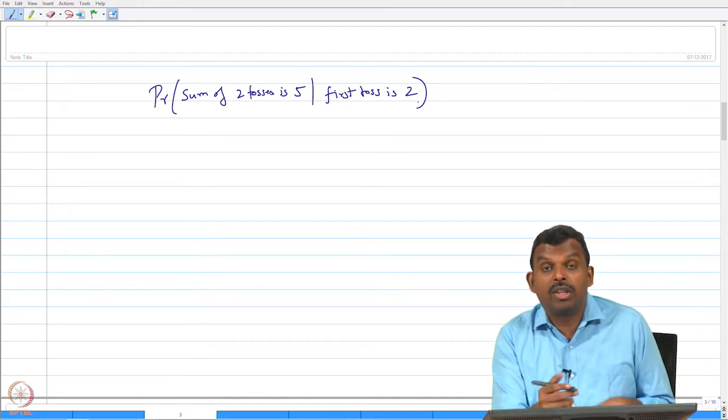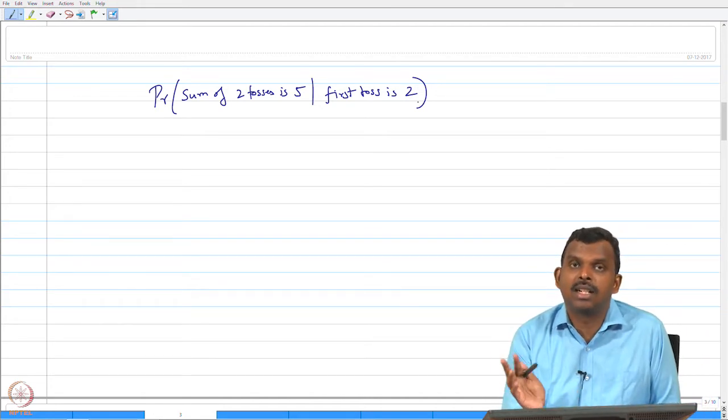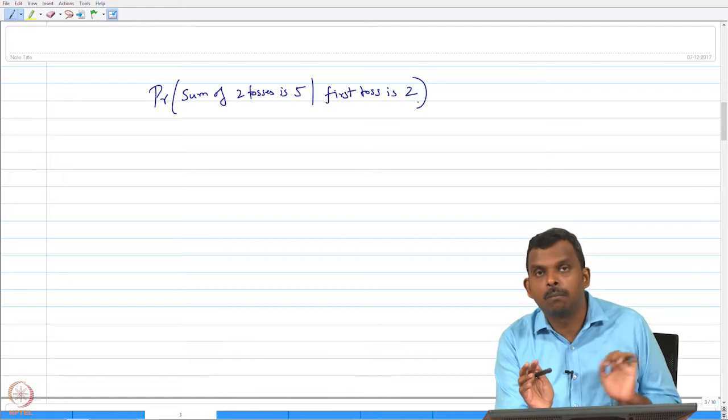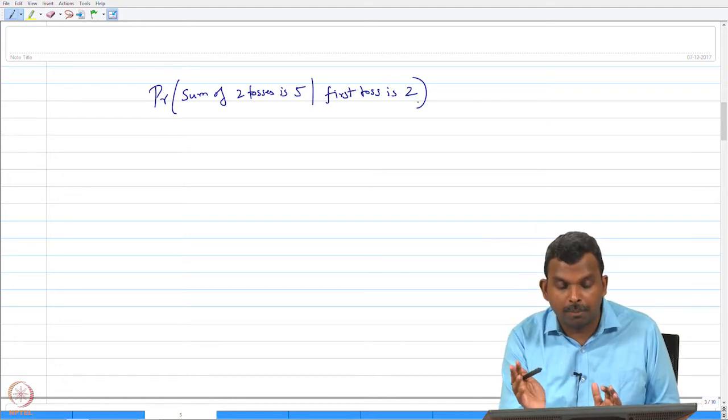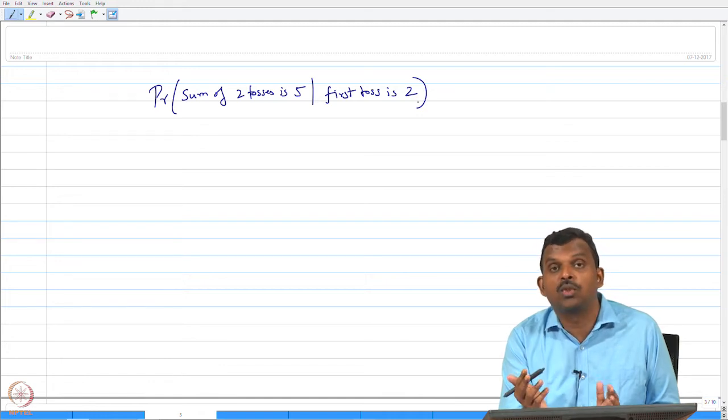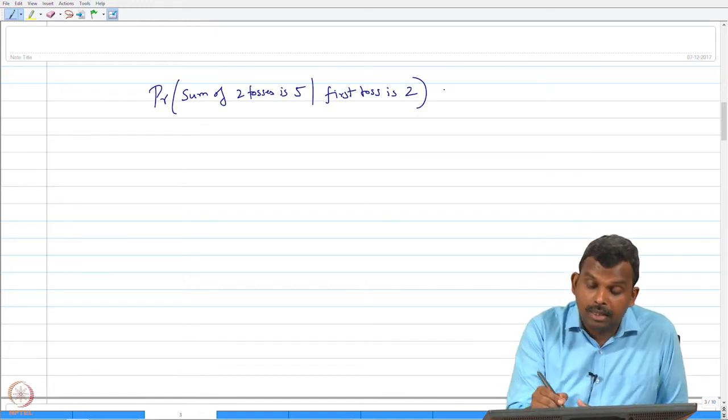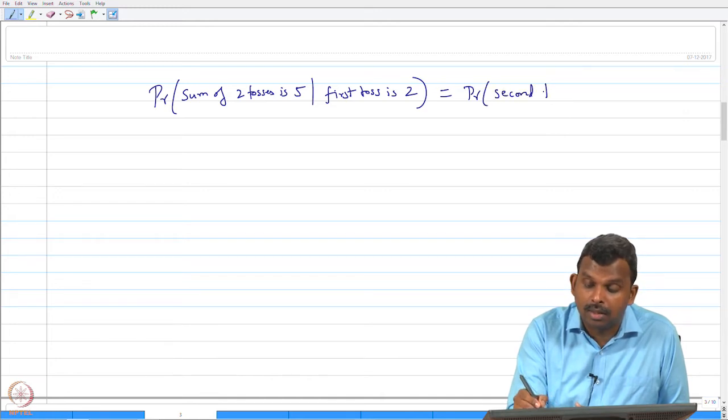You already have that the first toss has resulted in a 2. You only have to throw the die one more time and you want the sum of the 2 tosses to be 5, which means what? This is the same as the probability that the second toss is 3.